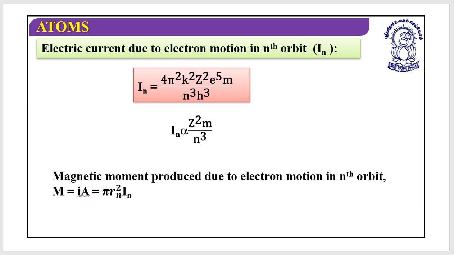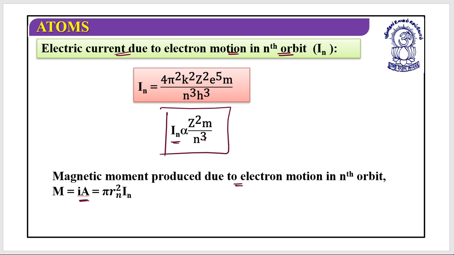Let's look at the electric current. Electric current due to electron motion in the nth orbit. Basically this is derived from the relation of z square by n cube, and the magnetic moment M. We have studied all this.